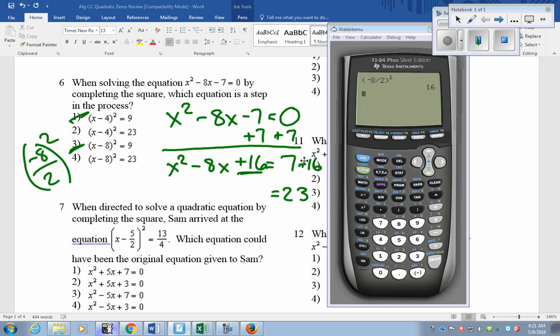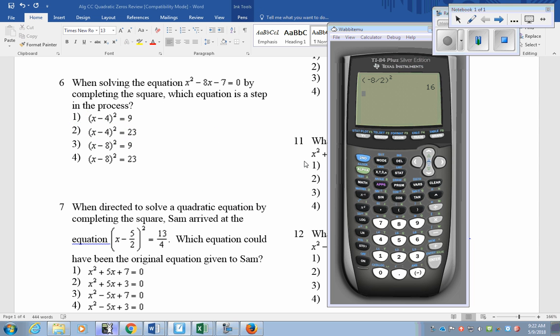Then I have to determine what will complete that square. The number that will complete this is -4, because -4 and -4 added together give you -8, and -4 times -4 gives you 16. So this answer is choice 2. That's how you would do some of the questions involved with completing the square.